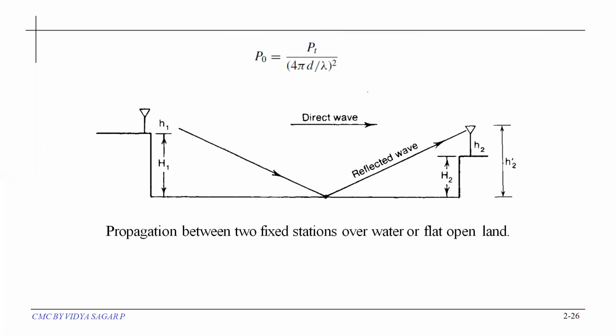Here the formula P suffix R is equal to Pt into (1 by 4 pi d by lambda) whole square is the free space loss formula, right?